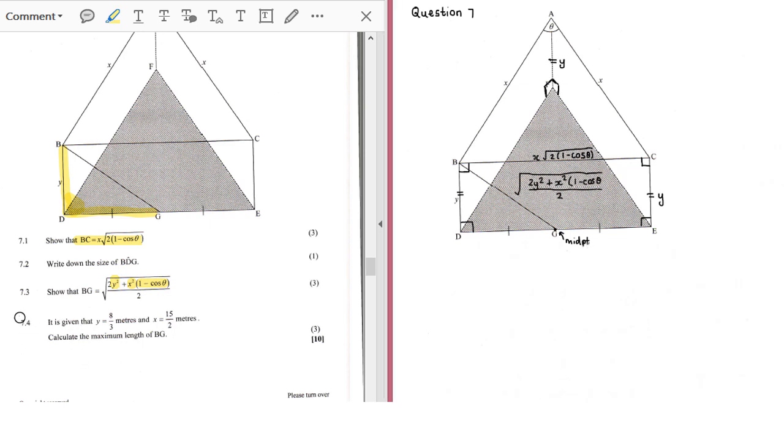Okay, so last question, question 7.4. It says it is given that y is equal to 8 over 3 meters and x is equal to 15 over 2 meters. Calculate the maximum length of BG. So we just showed an expression that determines the length of BG.